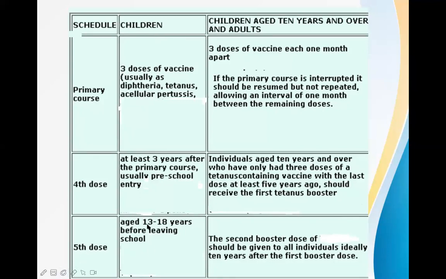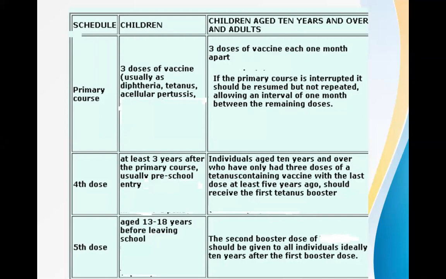The 5th dose is given at 13 to 18 years, in case of primary vaccination. The second booster dose should be given to all individuals, ideally 10 years after the first booster dose. So once 10 years have passed after that booster dose, another dose is given.